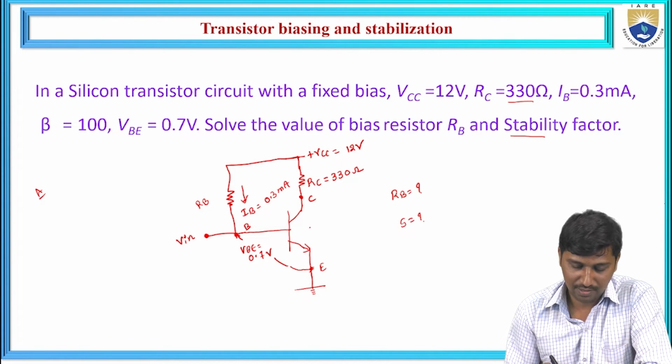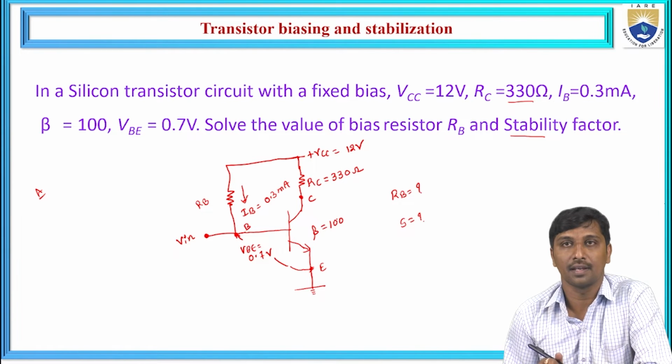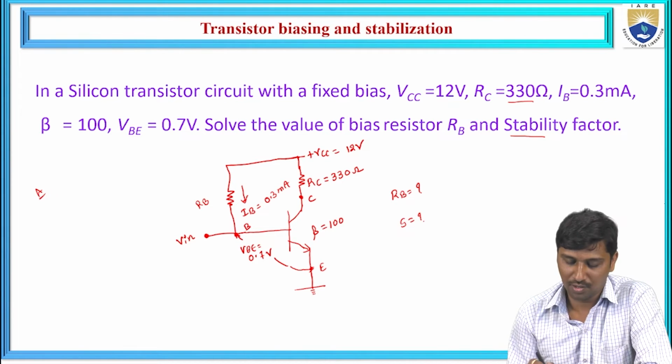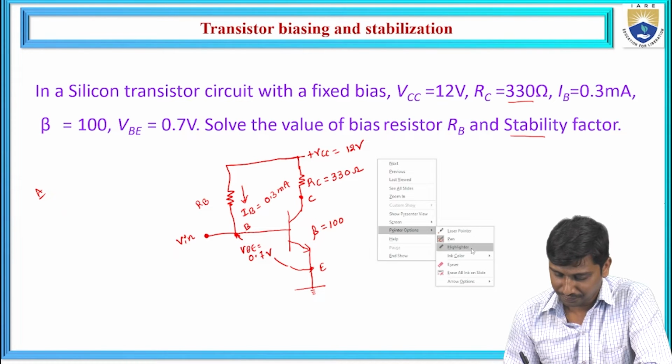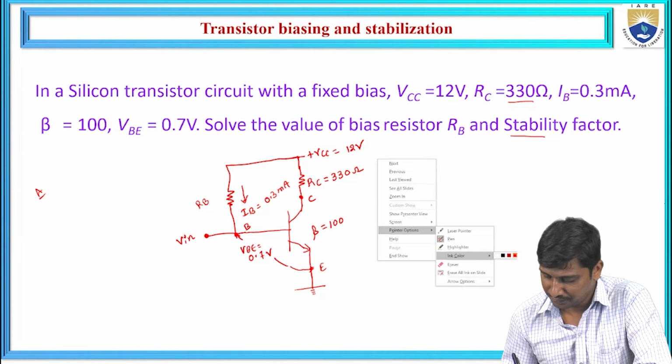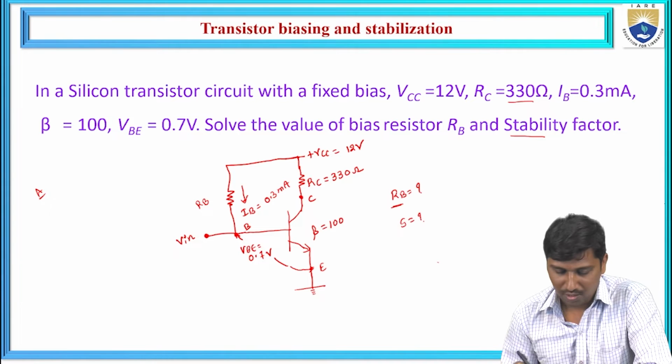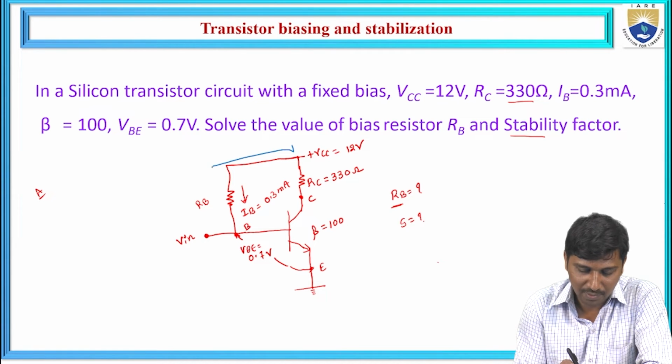For this case, the transistor DC current gain is 100, so the beta value is 100. Now to identify this base resistance, apply the KVL analysis at the input side.